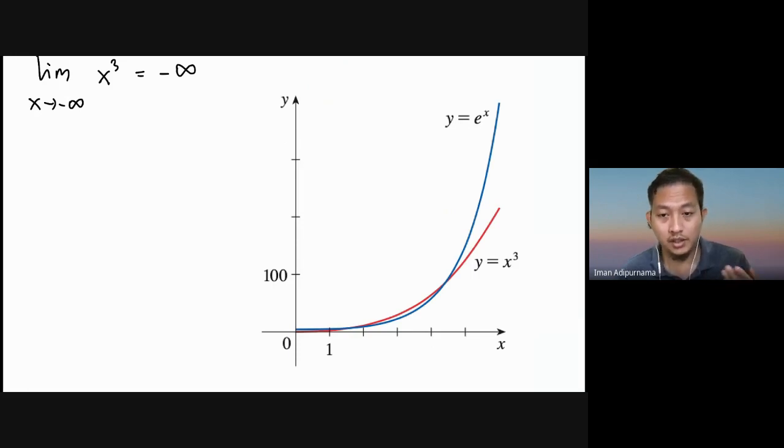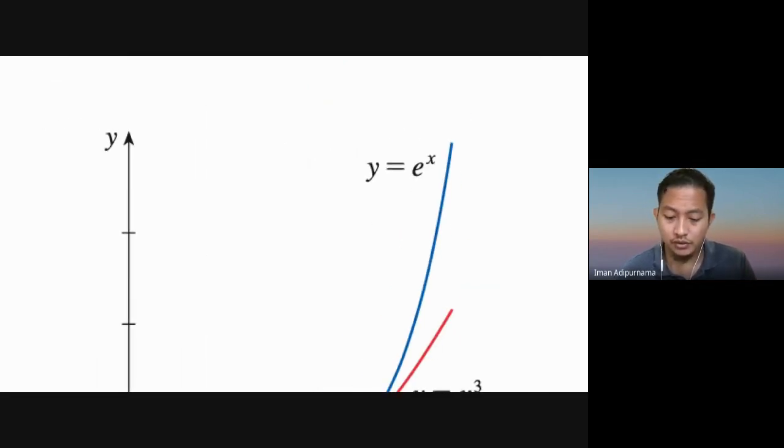You will see these functions very, very often, so it's better to remember how they look. The e to the x, and you also need to remember ln x, which is the inverse.